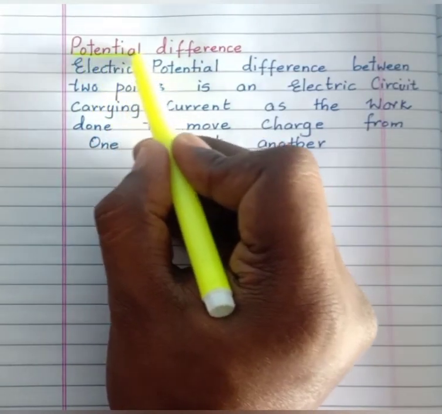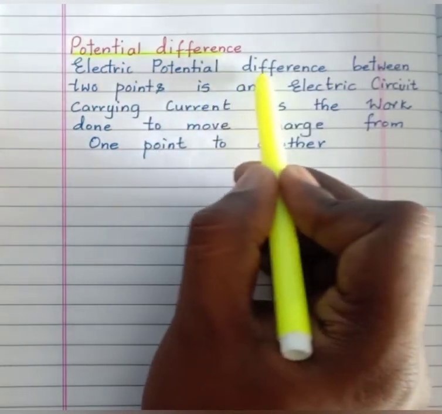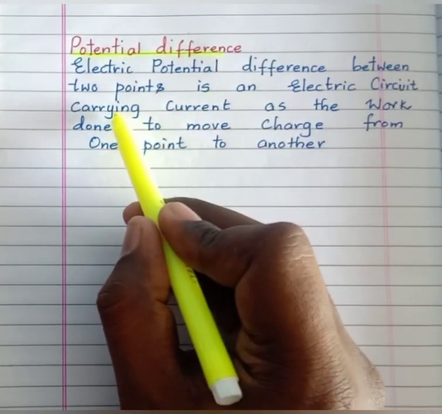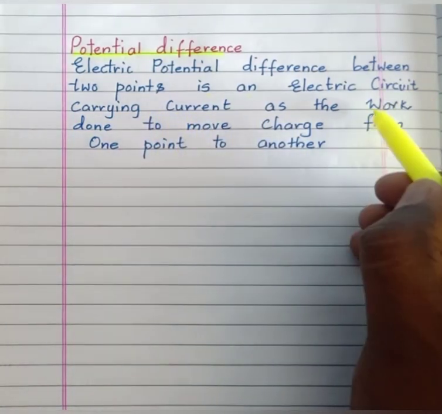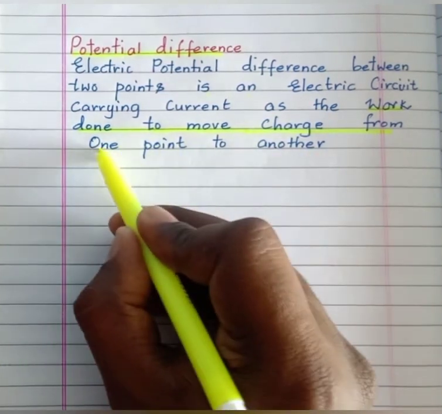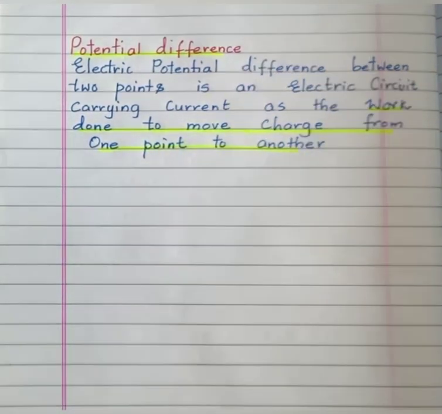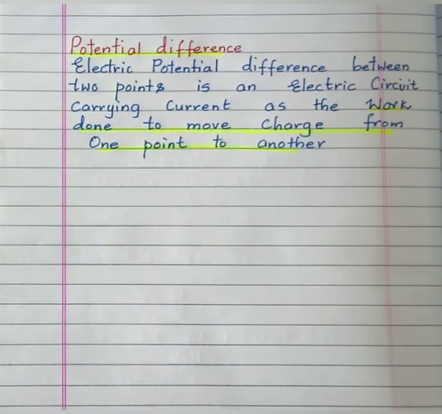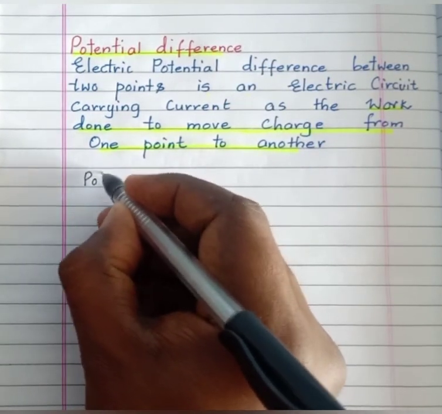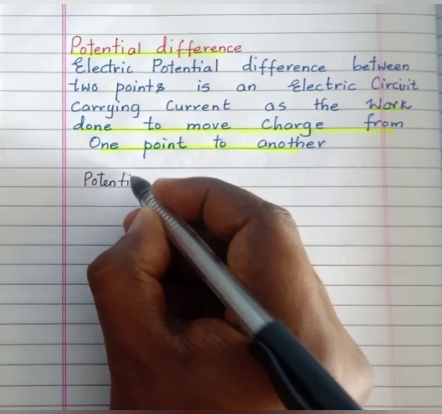Let me define potential difference again. Electric potential difference between 2 points in an electric circuit carrying current is the work done to move a charge from one point to another. Simply we can define potential difference as the amount of work done in moving a charge from one point to another point in a circuit carrying current.